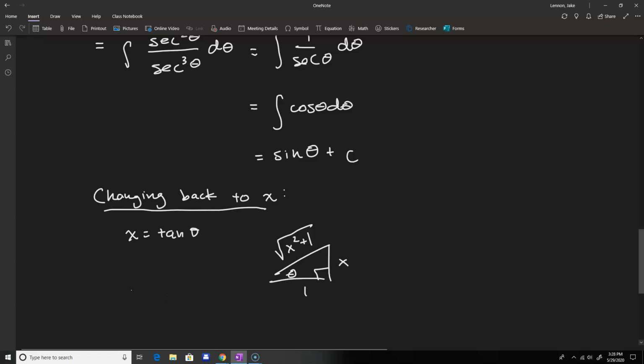So what that means for us is we want to know what the sine of theta would be. Well, the sine of theta would have to be the opposite, x, divided by the hypotenuse, the square root of x squared plus 1. So if we wanted to write our antiderivative in terms of x, this would actually be x over the square root of x squared plus 1 plus the constant. And that would be it for part A.